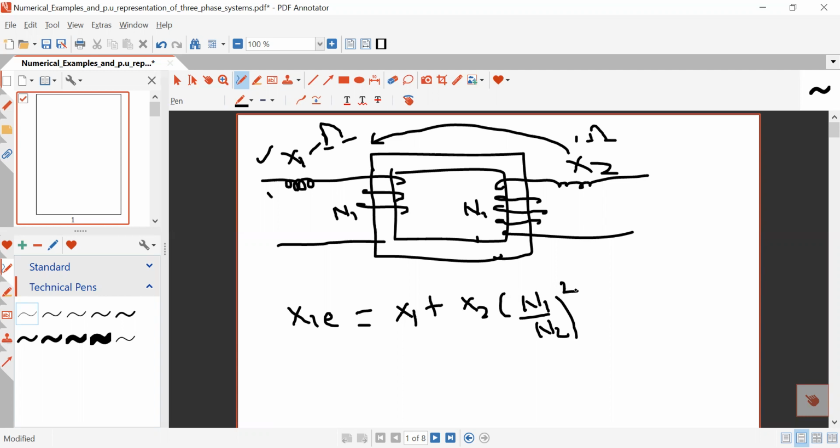And when I ask you to calculate total leakage reactance of the transformer referred to the secondary, then it will be secondary reactance X2 and primary reactance referred to secondary, which will be X1 (N2 by N1) whole square.